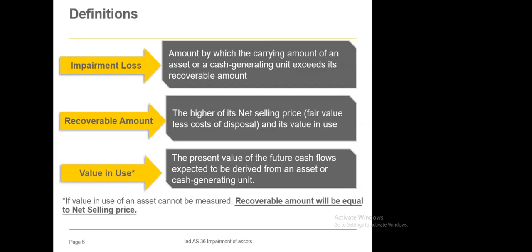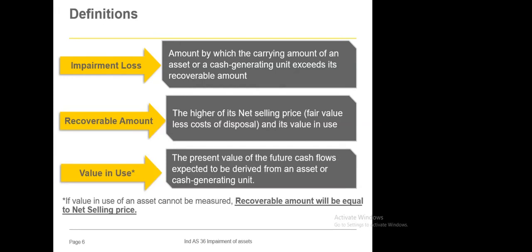Value in use is basically the present value of future cash flows expected to be derived from an asset or a cash generating unit. So suppose there is a company which has a plant and machinery, and the carrying amount of that plant and machinery is maybe 1 crore rupees.